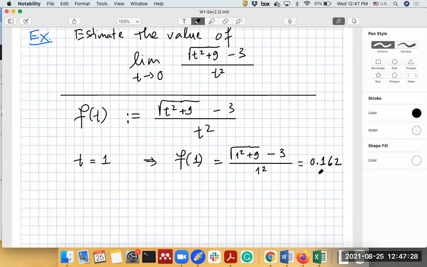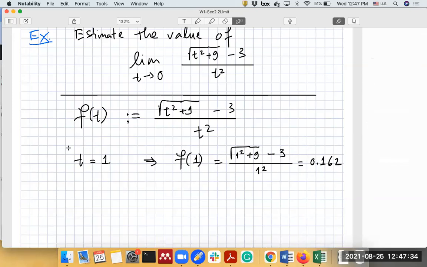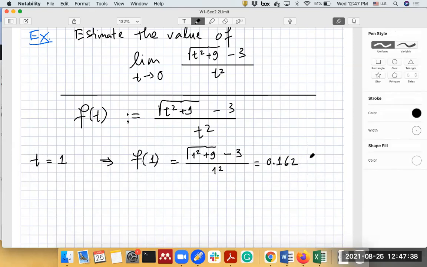0.162. Okay, but let us get some more decimal places. 2 and what? Very good. 7/6, right? Actually, just leave it this way.